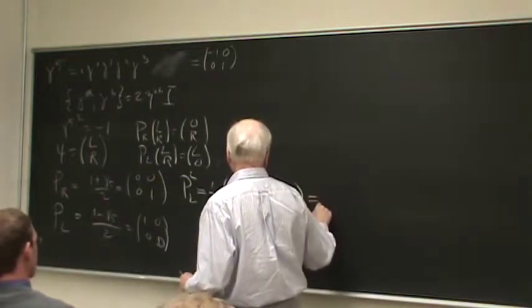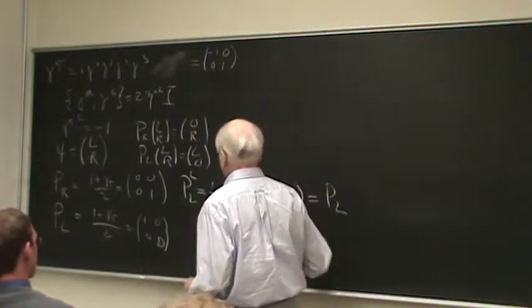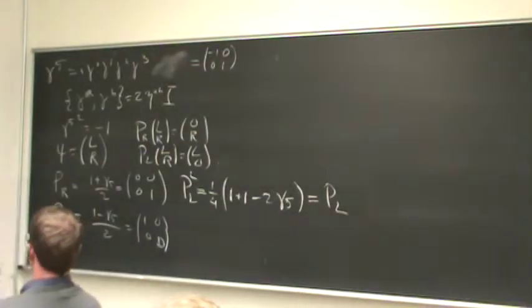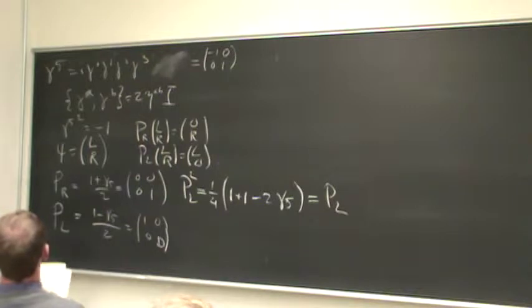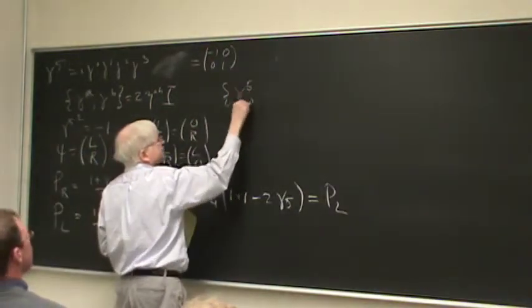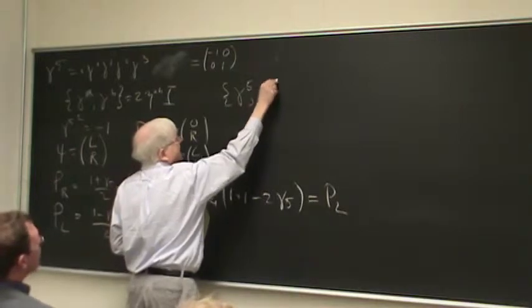And so this is just P left itself. So I said it was 1, it's not 1. The projection operator squared is the projection operator itself. So gamma 5 squared is 1, and in particular gamma 5 anti-commutes with all the 4 gamma matrices.